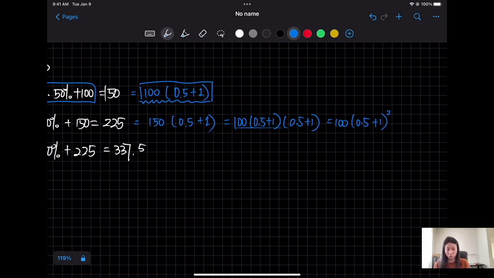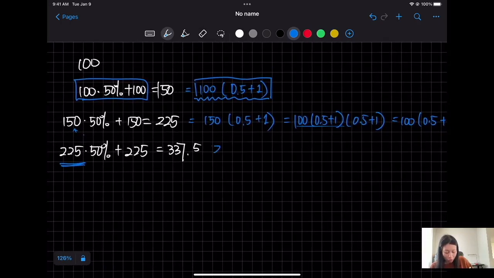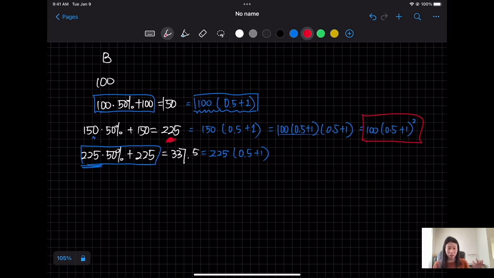squared. In here, we use the same way. So we have 225 times (0.5 plus 1), right? Because we factor the 225 out. This equals 337.5. From the previous step, we know that 225 can be written as 100 times (0.5 plus 1) to the second power.